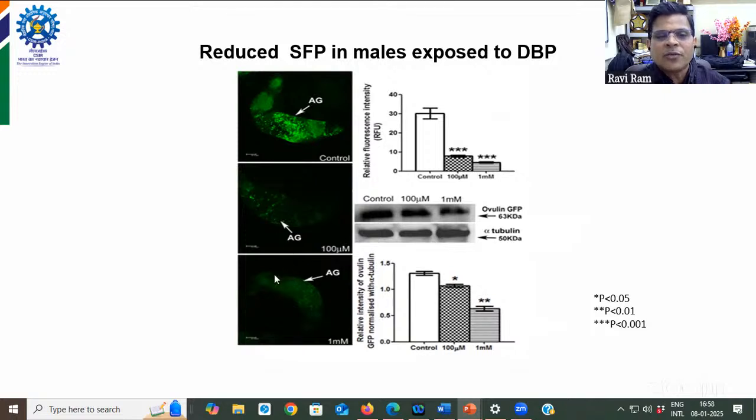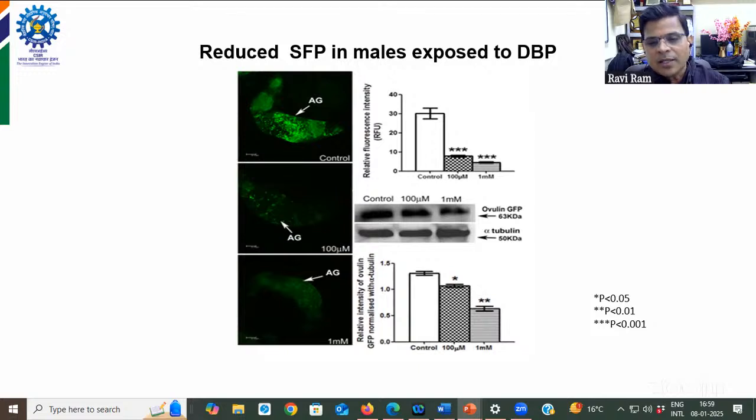Here you can quantify that. This is a semi-quantitative method, again using software that quantifies the intensity, and you can compare and see whether it is significantly reduced. Or you have antibodies for those seminal fluid proteins, and you can check if the levels of the seminal fluid protein are going down, and then quantify if it is going significantly down or not.